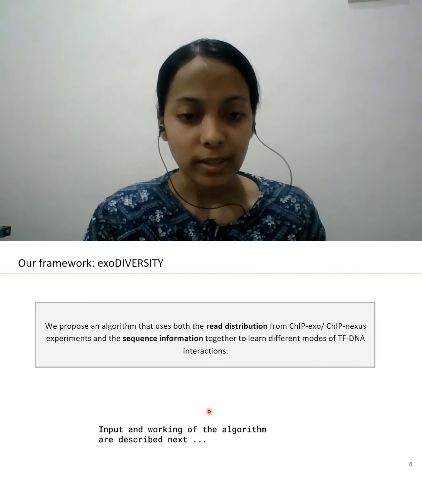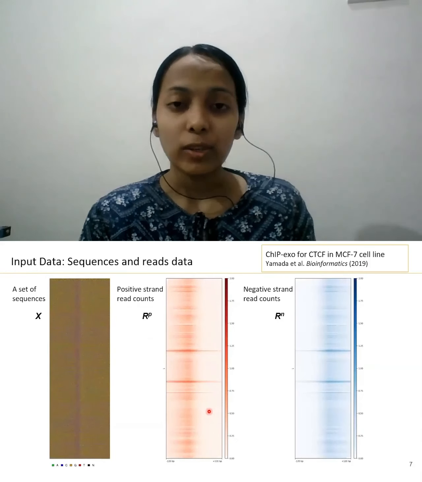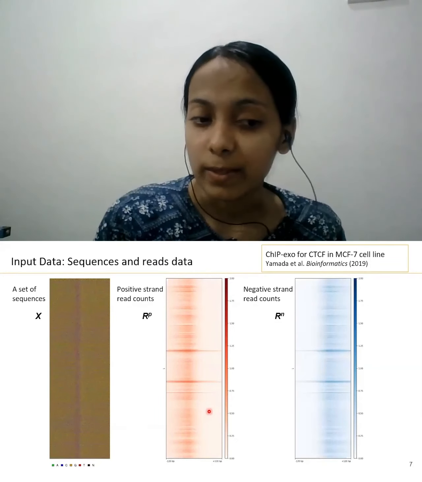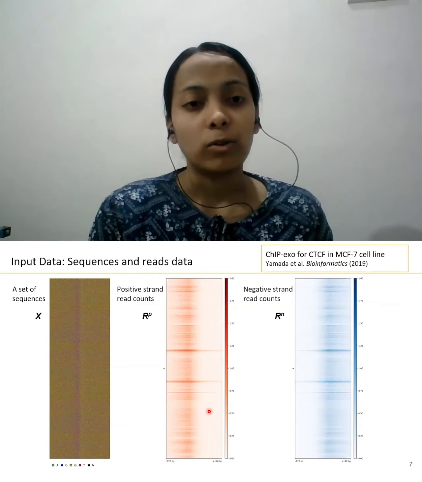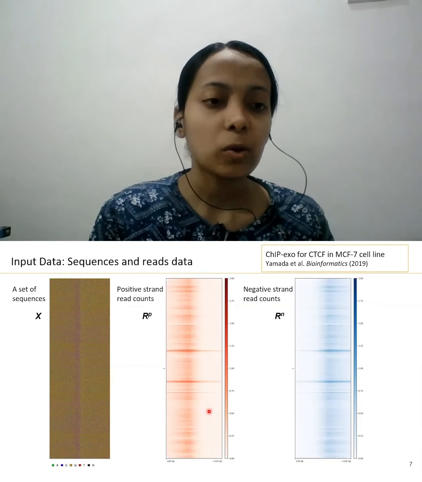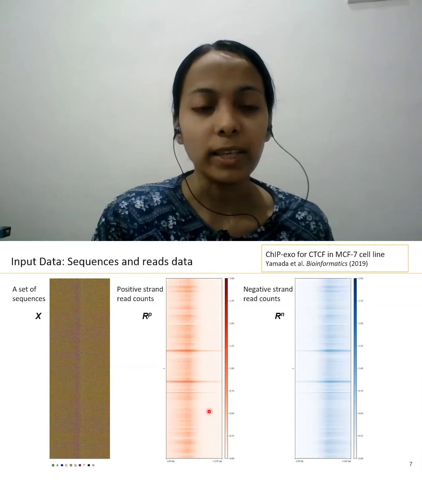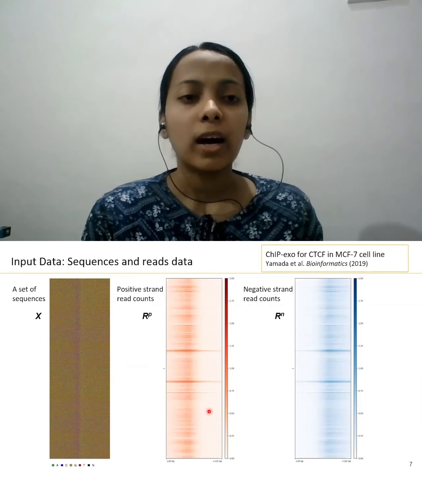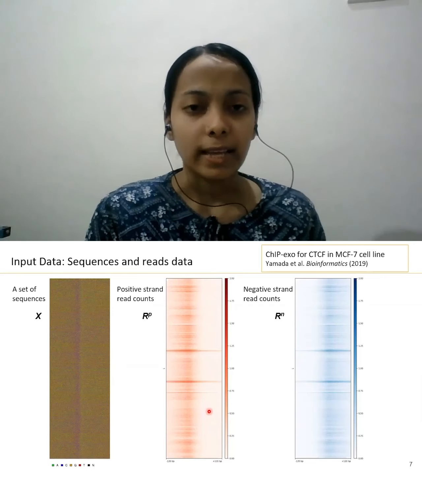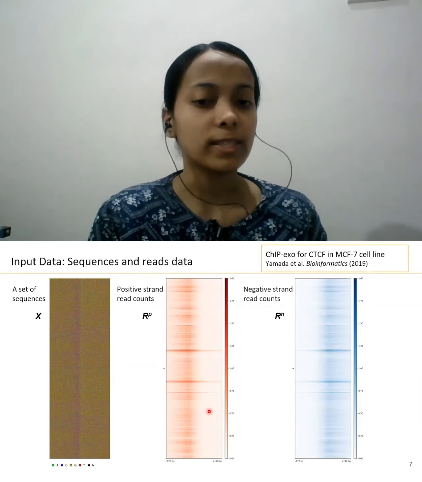The input to this algorithm is actually in the form of 3 sets of sequences. The first set is a set of DNA sequences about the summit region. This is denoted by X, and we can see a signal at the center, which corresponds to the summit. Now, corresponding to every sequence in X, we have the positive strand read counts, RP.